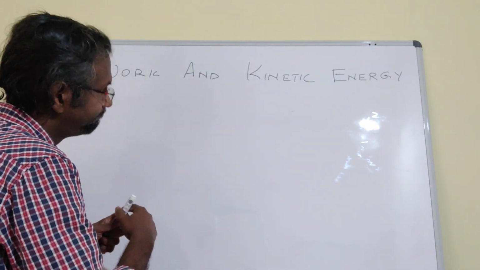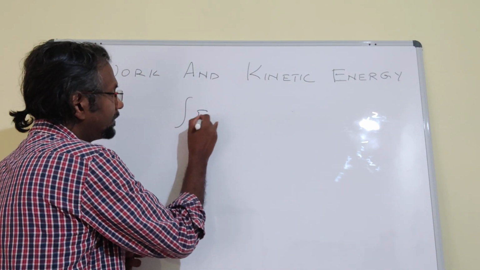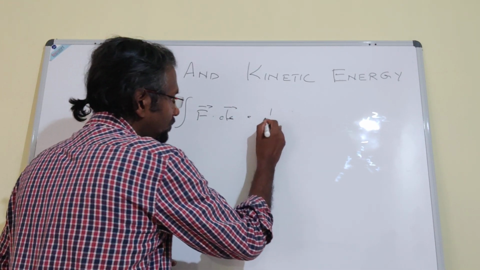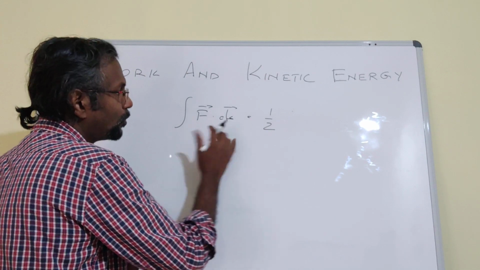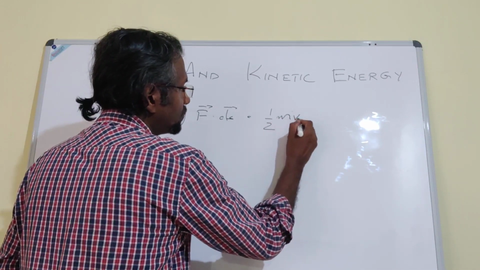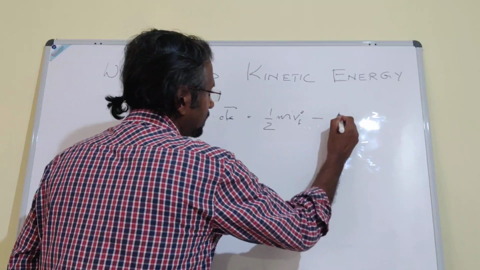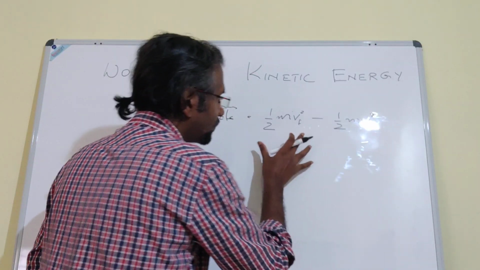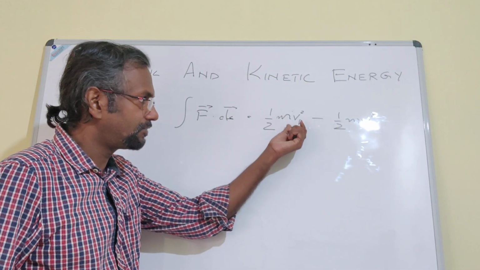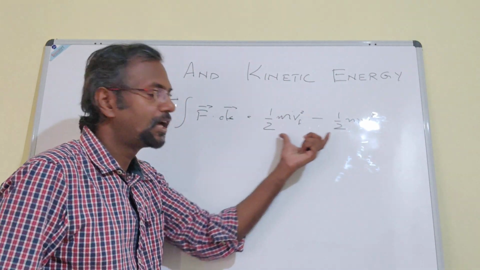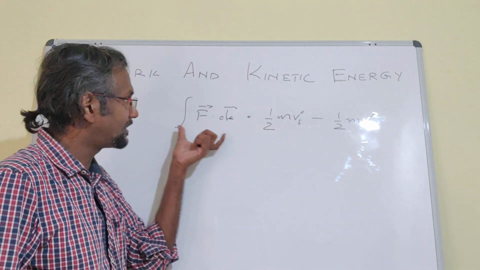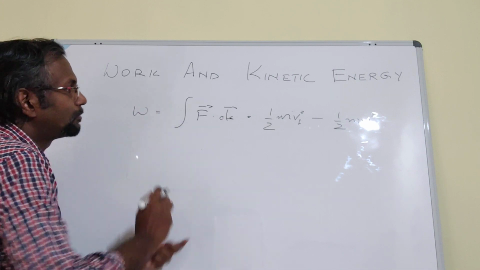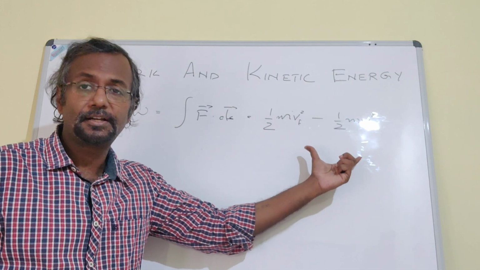So we knew that the net work done, W, which was F dot ds, was equal to the change in kinetic energy, with Vf as the final velocity and Vi the initial velocity. The work that we did was translated into a change of kinetic energy.